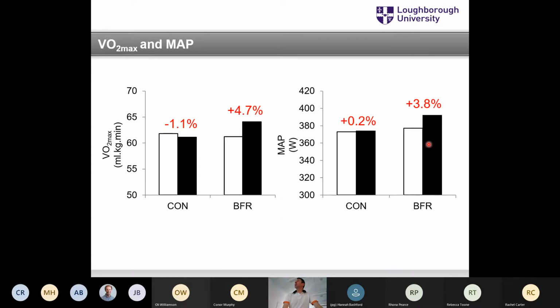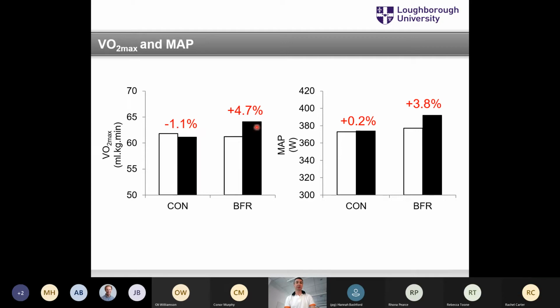What we showed quite robustly in both Connor's initial study and followed up with Emma's study was the interesting component to the performance measurements, where in the control group, these were relatively well-trained athletes, so VO2 max of 60 mils per kilogram, there was no change in VO2 max.